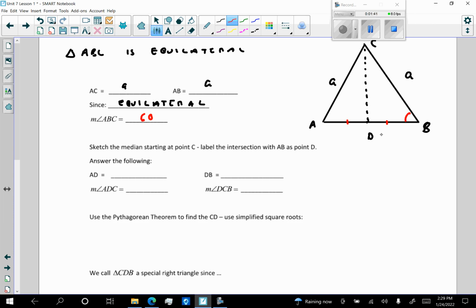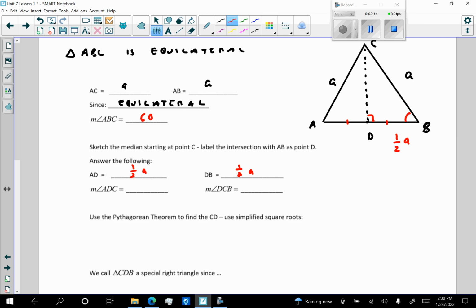So this distance right here is 1/2 A. AD and DB both are 1/2 A. That's a property of equilateral triangles when you have that median, and it's also a perpendicular bisector.